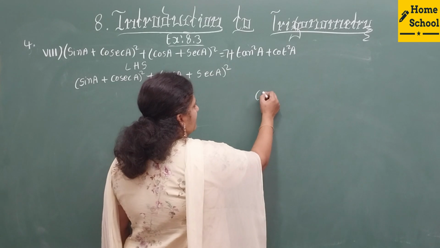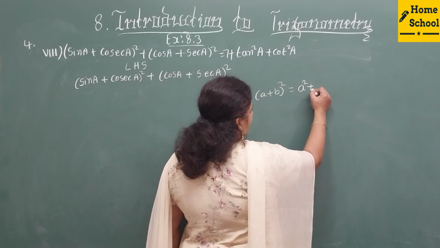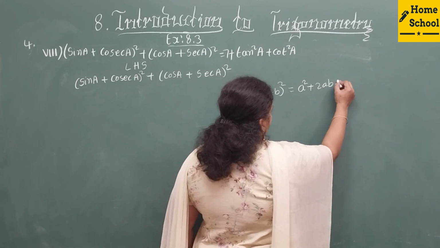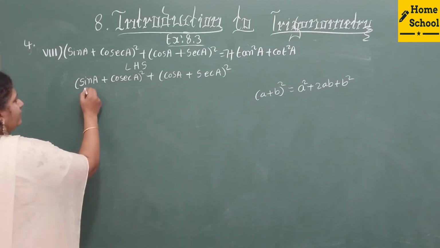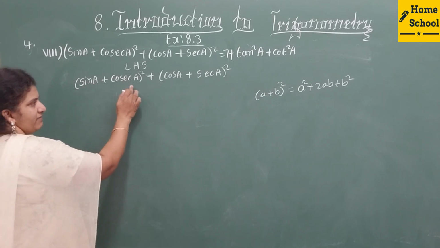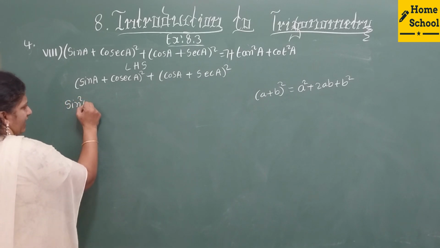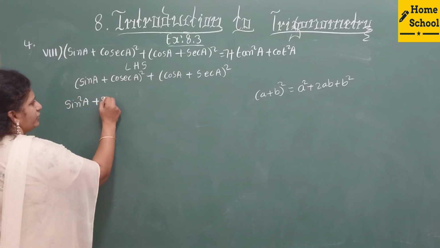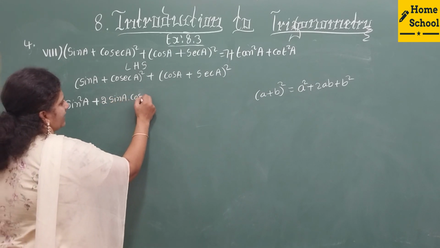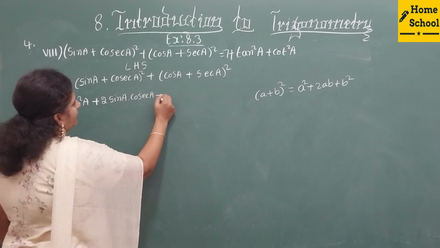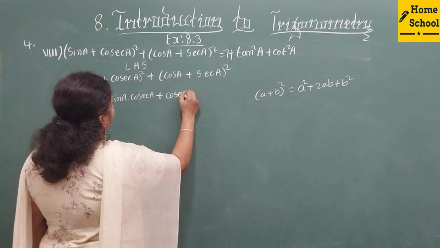What is (a plus b) whole square? That is a square plus 2ab plus b square. Apply this identity here. Here a value is sin A, b value is cosecant A: sin square A plus 2 sin A into cosecant A plus cosecant square A.